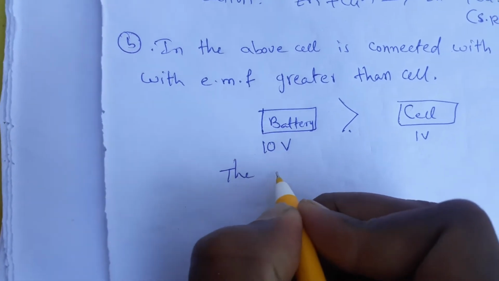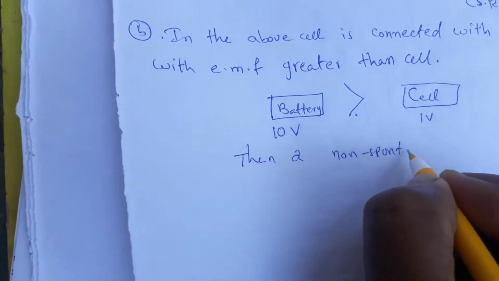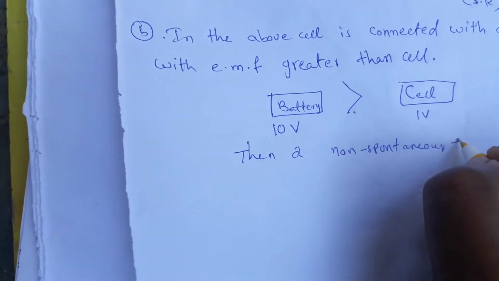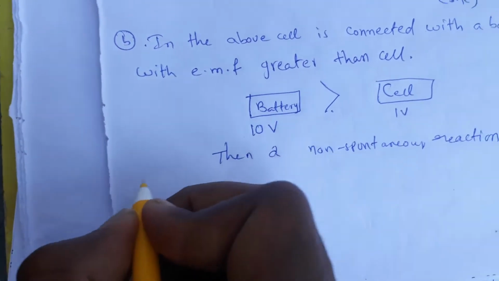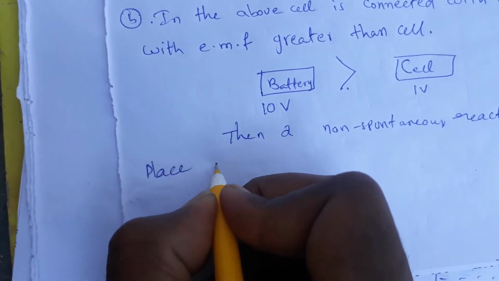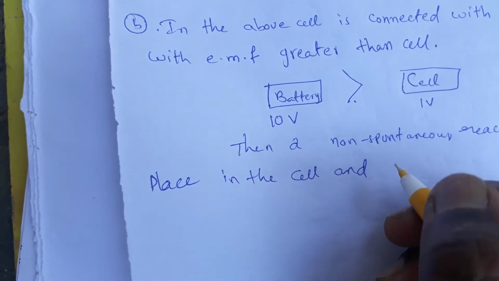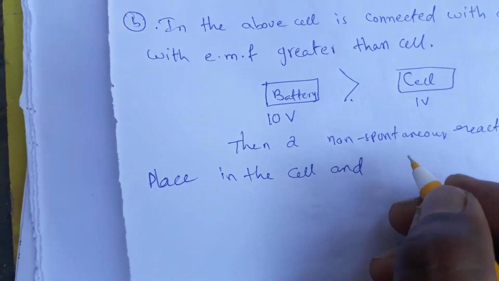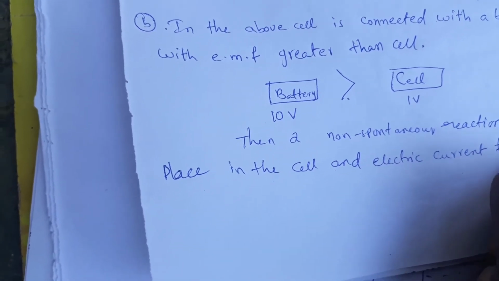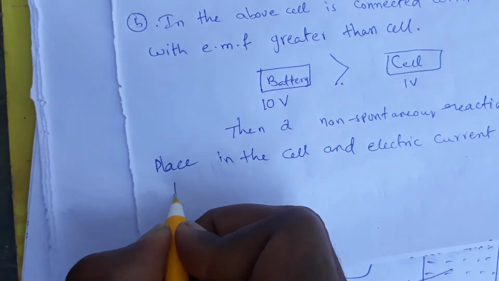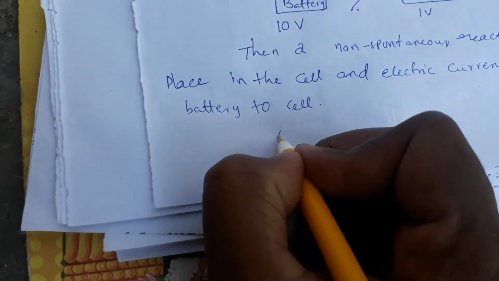So a non-spontaneous reaction takes place in the cell, and electric current flows from battery to cell.